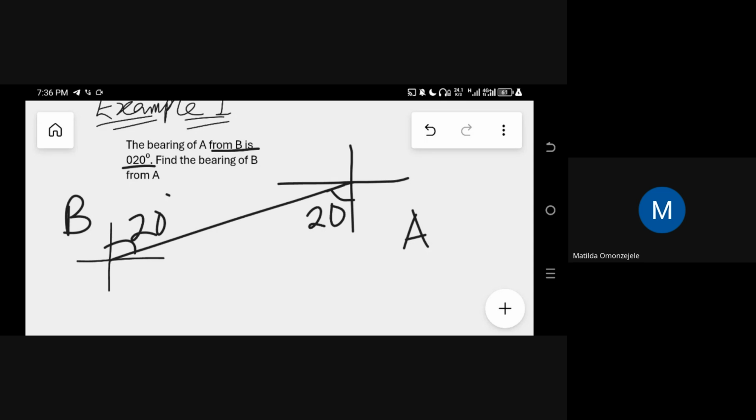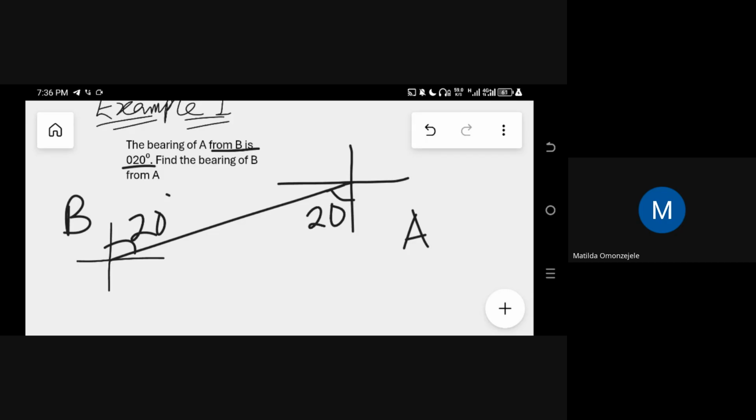So when you have points like this, these ones that are left and right, the way it is here on a transversal line, then the two angles are equal because they are alternates. So that is why that point in B is 20 degrees, this other alternate part in point A is also 20 degrees.